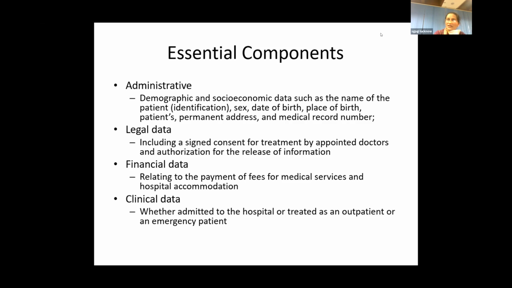So what is administrative? Administrative is basically to identify the patient by age, gender, date of birth, or like we give a unique CR number in our hospital, and then we need a permanent address and so on and so forth.